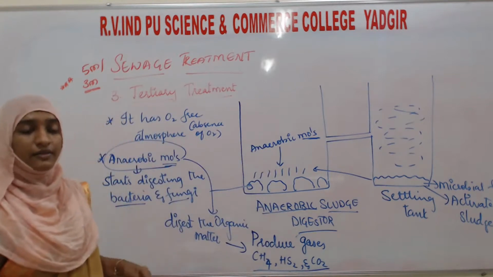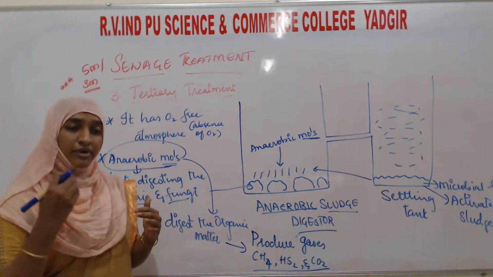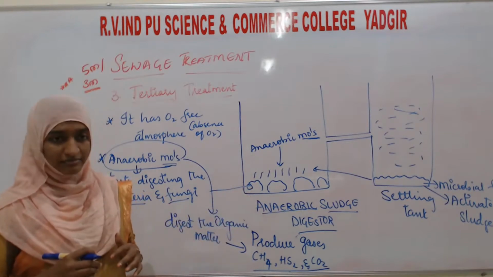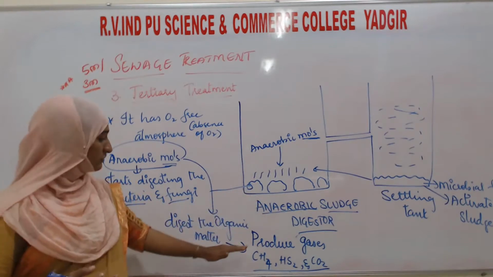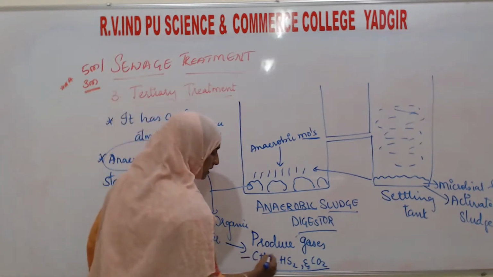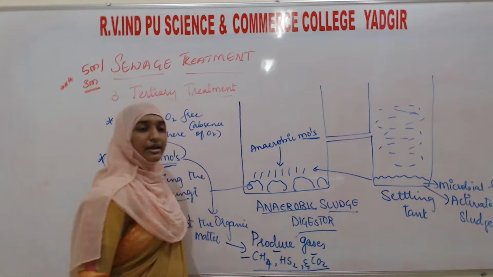They eat the microbes present in the sludge as well as the organic matter, and then produce these gases. What are the gases? Methane, hydrogen sulfide, and carbon dioxide.